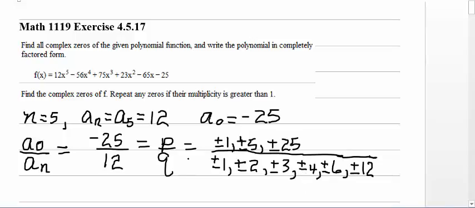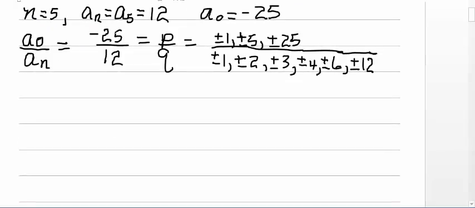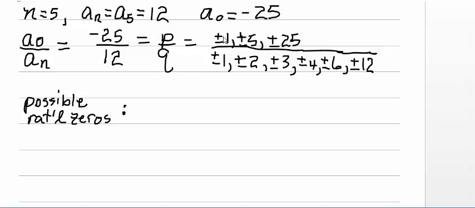So this is going to give us many possibilities, actually, for the rational zeros of this polynomial. So we're going to take each number in the numerator and put it over the denominator.